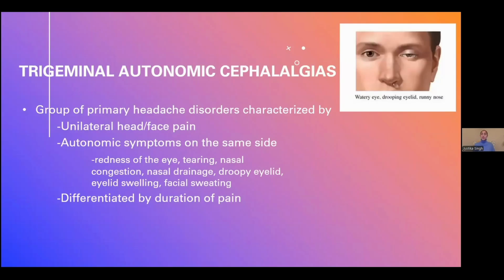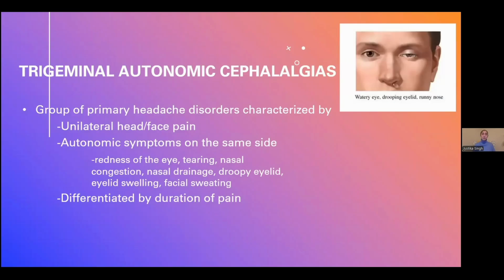The trigeminal nerve sends sensory signals to our face. Autonomic are these automatic things that happen in our body, and cephalalgia means headache. So you'll come to find out this is why these headaches are named this way.